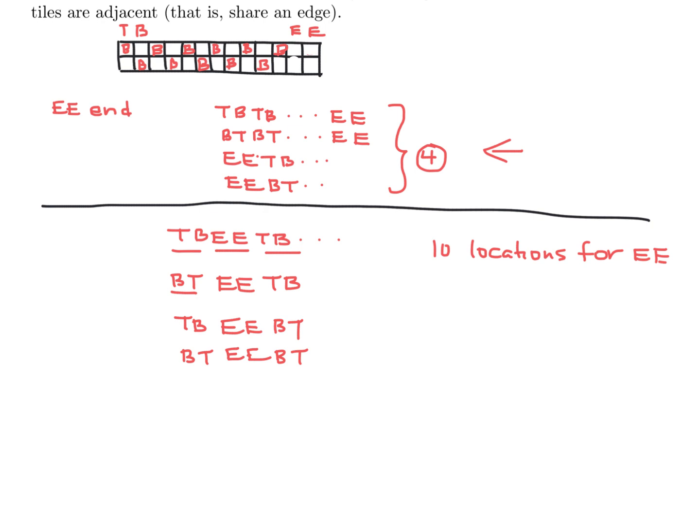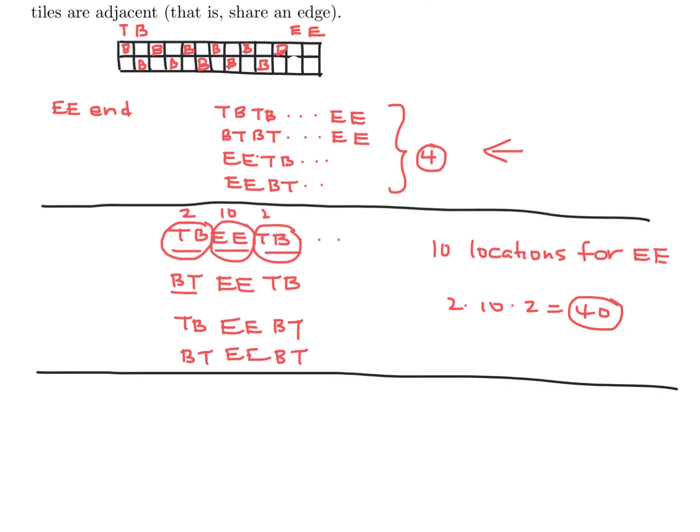So there are two possible ways of doing that, two possible ways of doing that, and 10 possible ways of doing that. So 2 times 10 times 2 would be the math, and that, I believe, is 40. So 40 goes there, and that is another way of figuring out the scenarios.